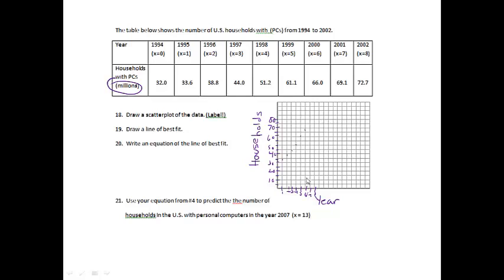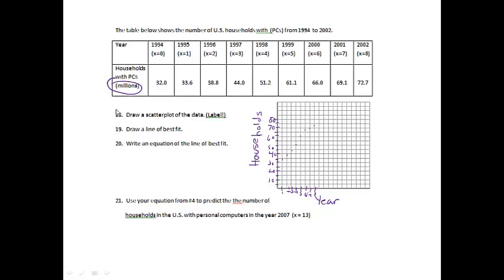Notice this is really pretty linear to start with. 7, 69. And then 8, 72.7. Right there. So notice we really have a pretty good looking line to start with, but we do want to go ahead.